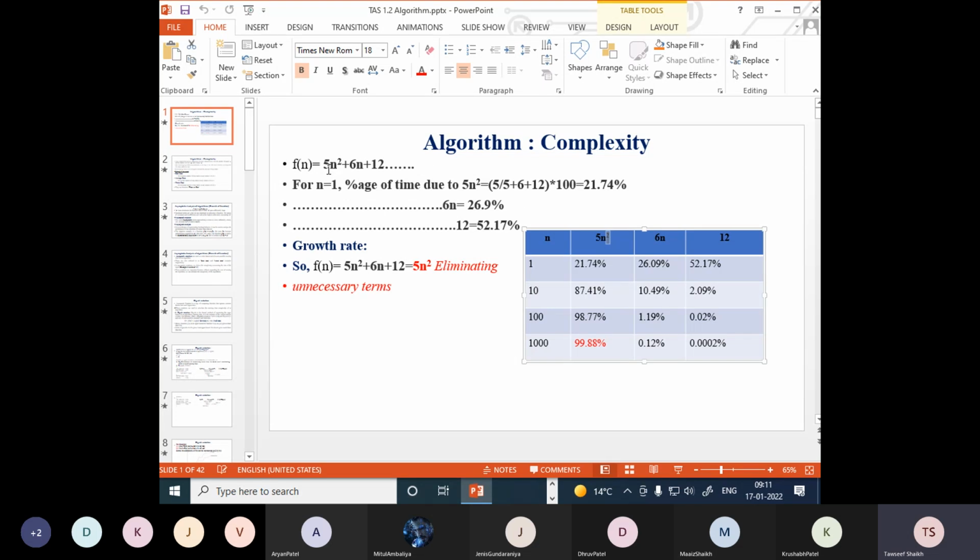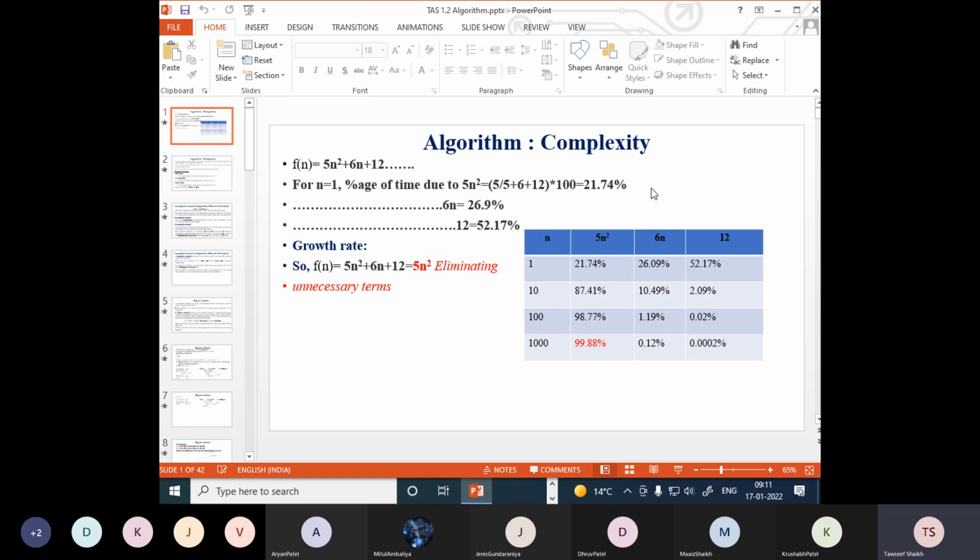So it will be 500 divided by 5 plus 6 plus 12, and the value will come out to be 87%, because the quadratic term will go very high. Accordingly, the 6n will be 6 into 10, that's 60, divided by all the terms. Its percentage will come out to be 10. And the final term, 12, divided by the remaining terms, will be 2.09096.